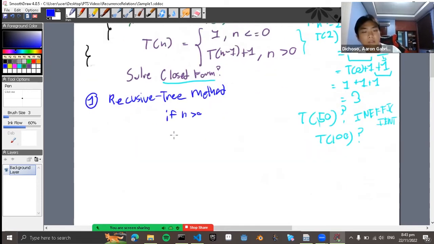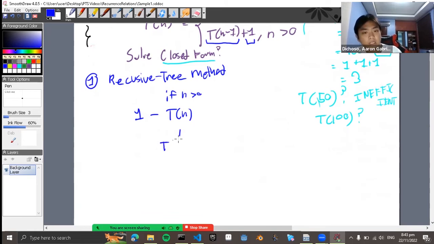N is greater than 0. T of n would give out two parts, t of n minus 1 and plus a 1. So let's just separate those in a tree structure para mas maganda natin siya makita. Now, what would t of n minus 1 give? It would give out a 1 plus t of n minus 2.